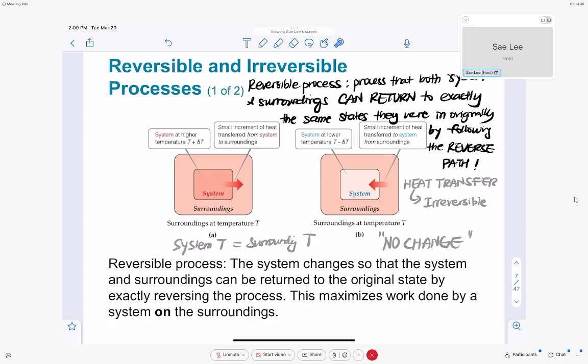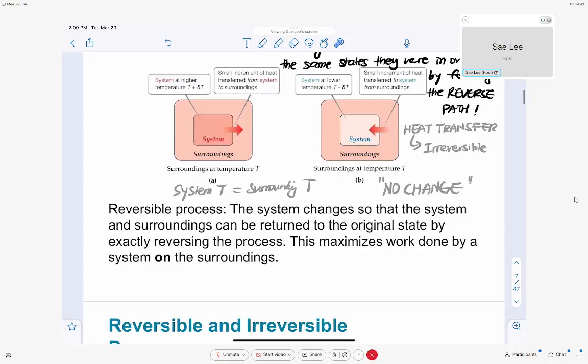example will be converting between ice and water. Converting between ice and water at 0 degrees Celsius, basically equal temperature. Okay, the heat transfer between ice and water at 0 degrees Celsius is considered reversible process. Okay, so within very small plus and minus around 0 degrees Celsius, we consider that as reversible process.